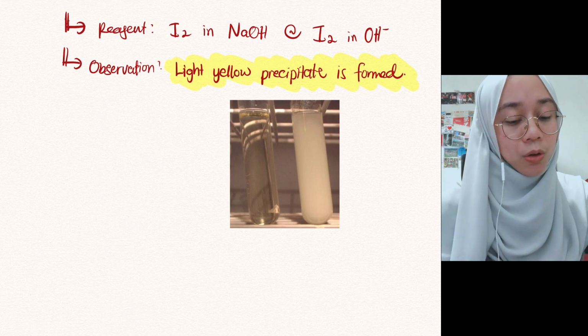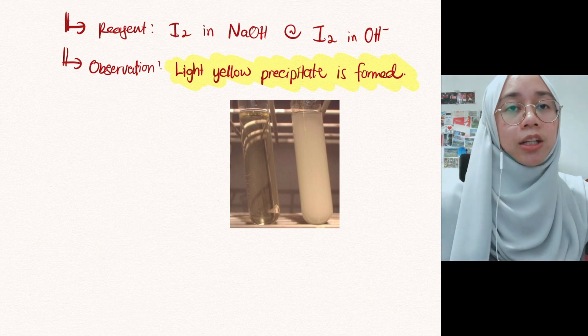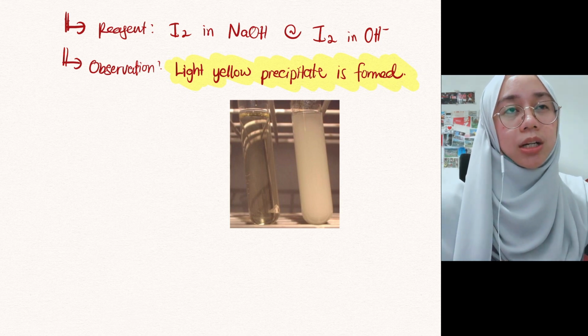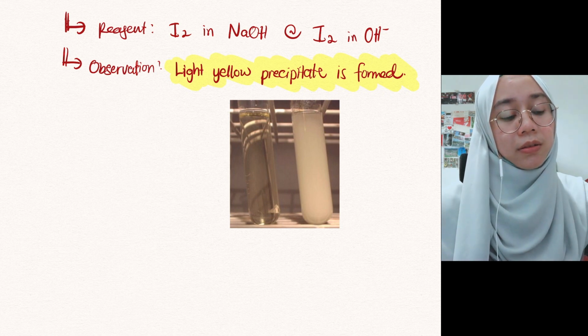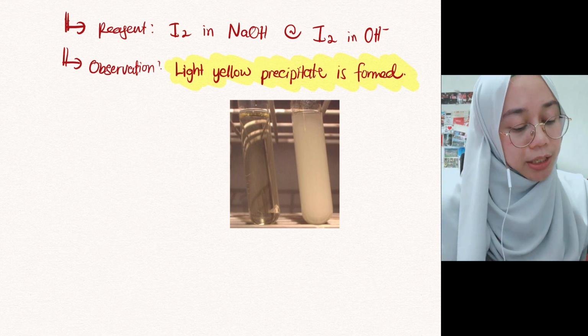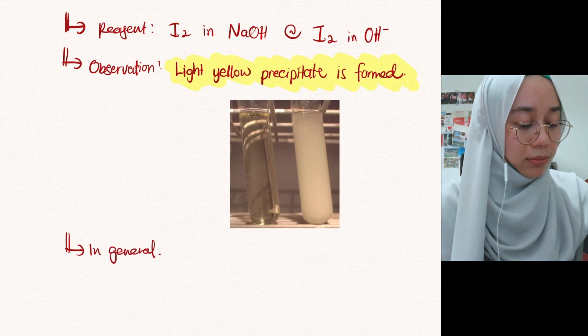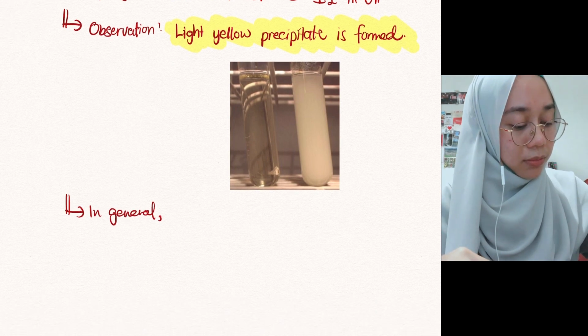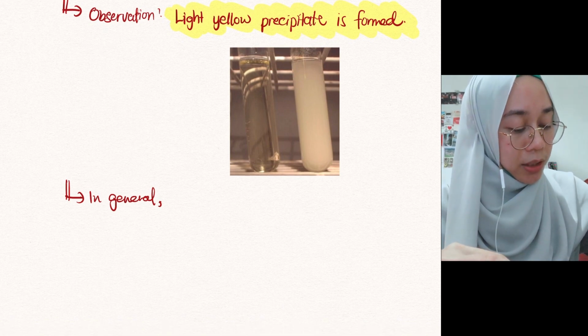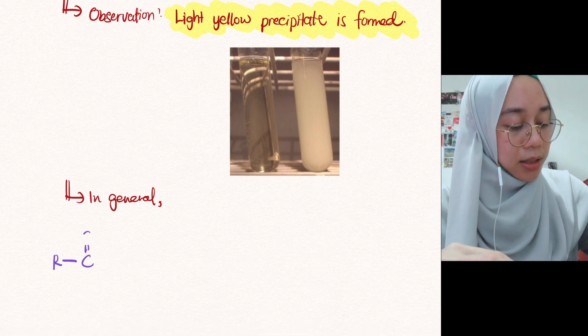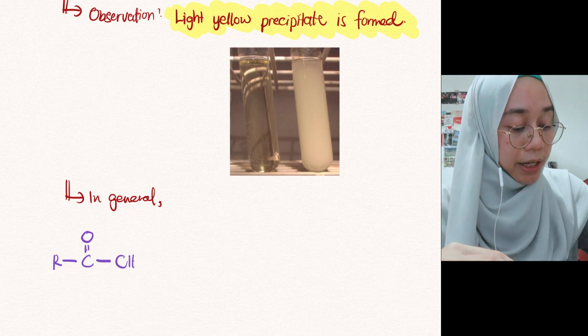Okay, so kita terus kepada general equation dia. Kita kena ada carbonyl group and dia kena ada methyl.